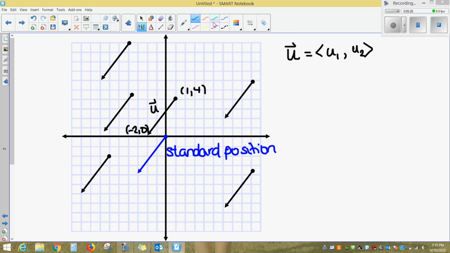To find my vector u, I always take the terminal value minus the initial. So in component form, this vector is <-3, -4>.